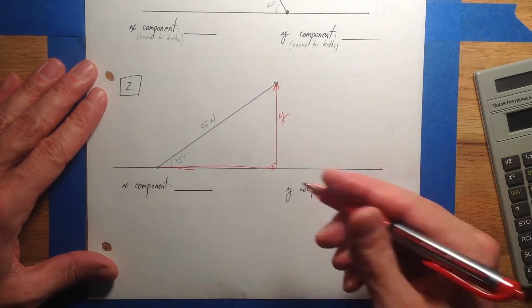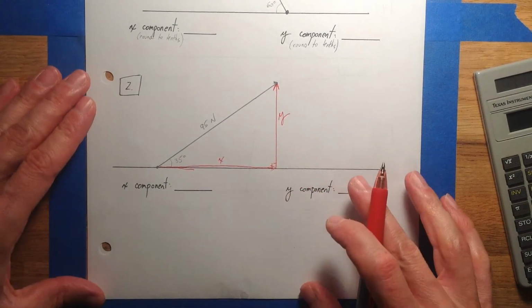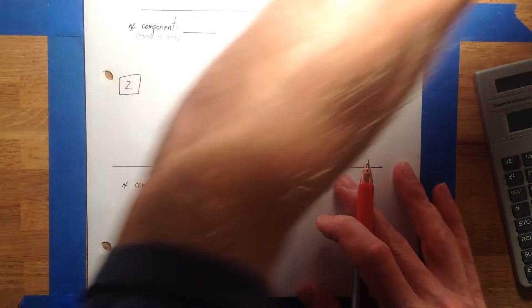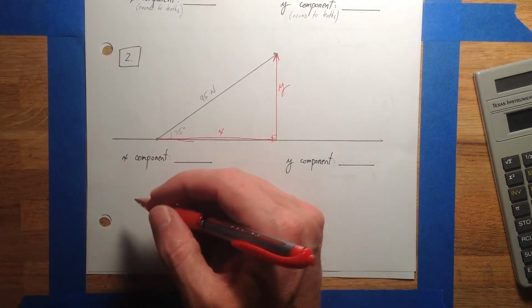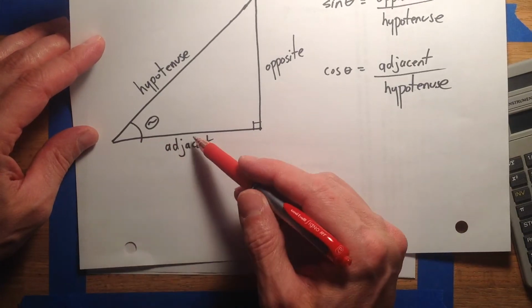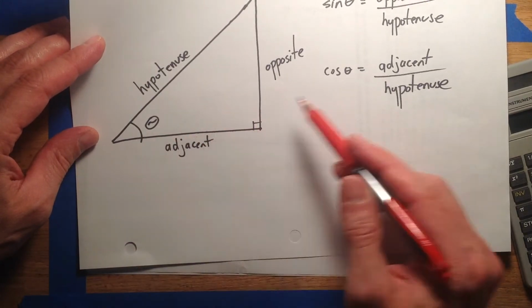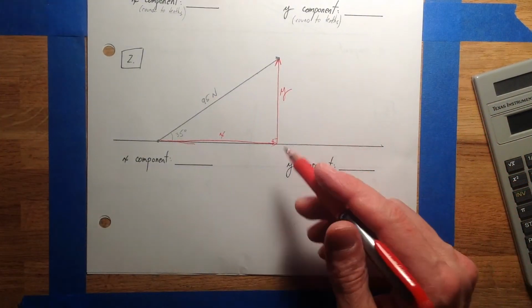This is the resultant, so that's 95. Let's do x first, properly, as I wanted to before. Feel free to go back to this. x is right here. It's the adjacent, so we're going to use cosine, and the angle is 35 degrees.